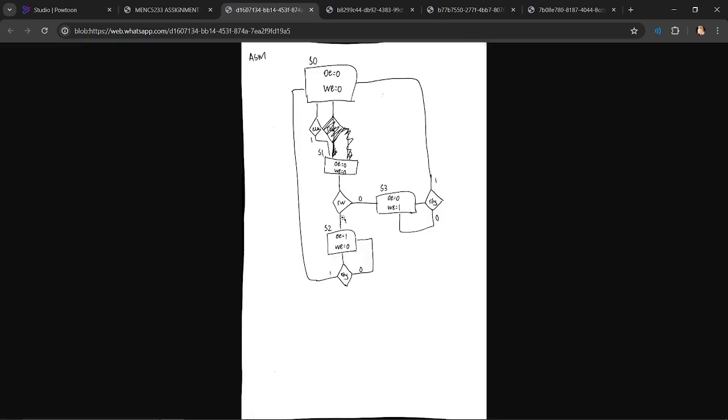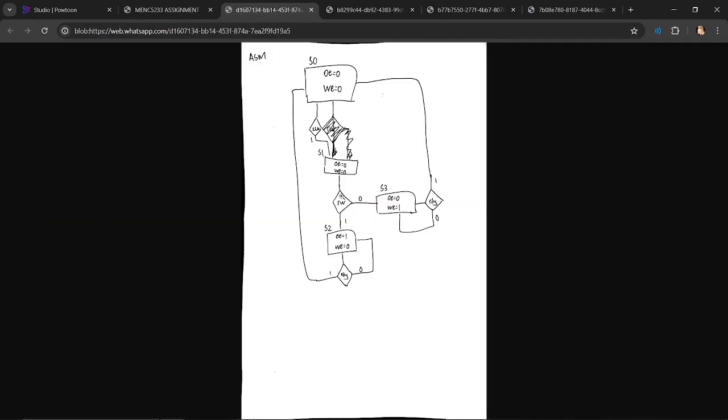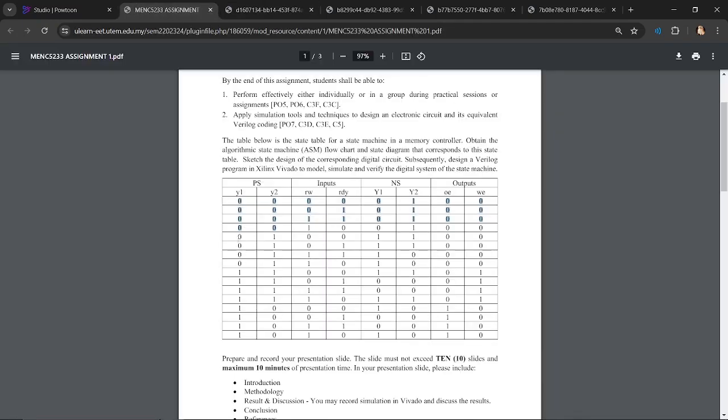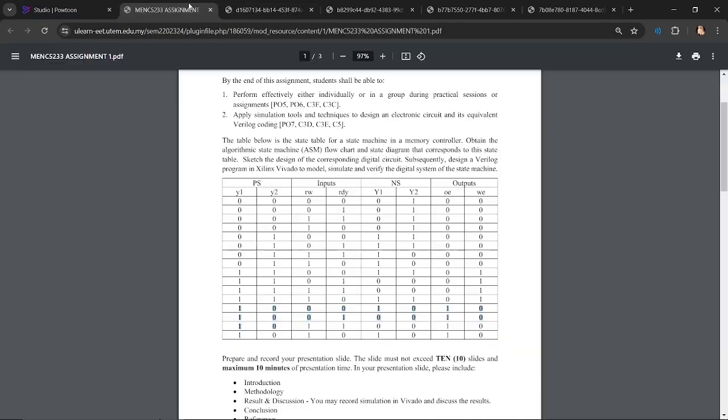The way I do it is, state 0 will be when the present state is 0,0, and state 1 when the present state is 0,1. So this is state 0, state 1, state 3 is 1,1, and 1,0 is state 2.